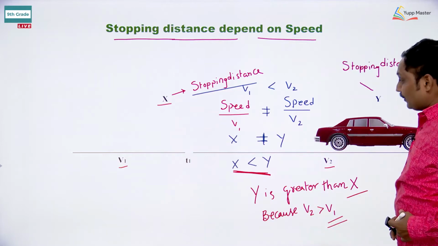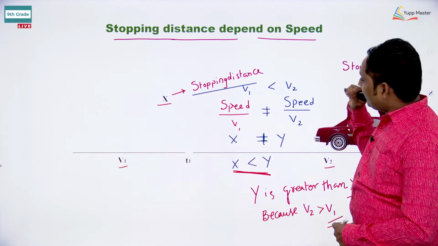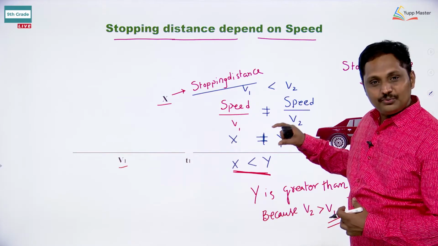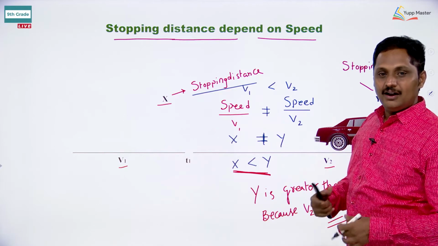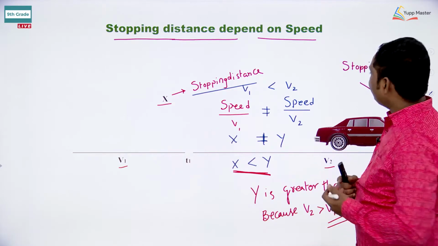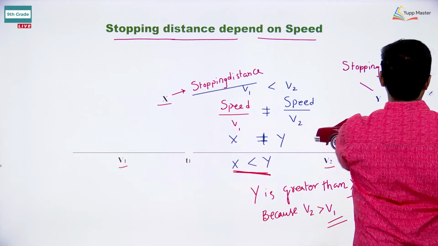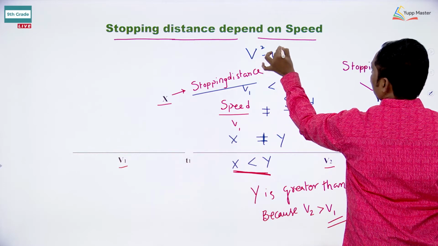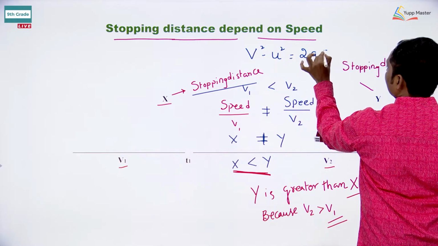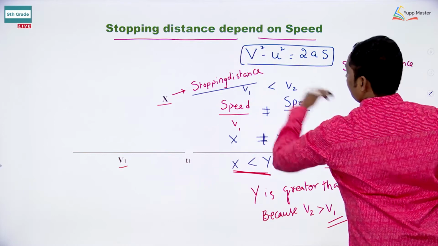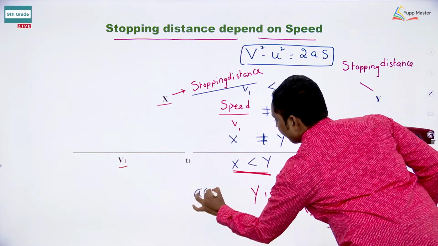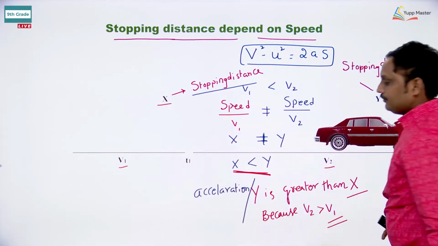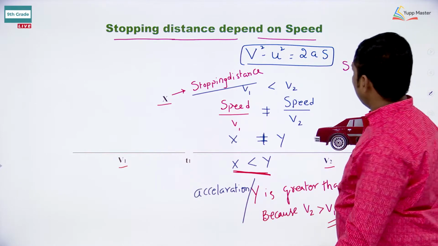Now, please observe the first case and second case, and at the same time use the suitable formula, that is V square minus U square is equal to 2AS, very clear. You have observed that there exists acceleration, no doubt at all.